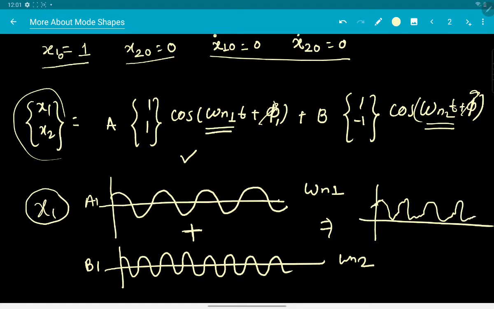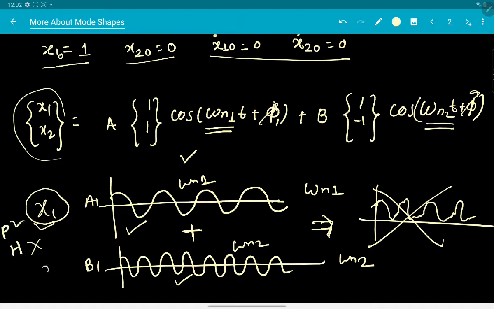I don't know what it looks like for the condition that you have picked, but it essentially is not harmonic, right? This is harmonic with omega n1 frequency, this is harmonic with omega n2 frequency, and the final combination is not harmonic but a periodic solution. So x1 was periodic but not harmonic. Similarly, x2 was also periodic but not harmonic, because it also had contributions from the omega n1 train and the omega n2 train, only their multipliers were different.